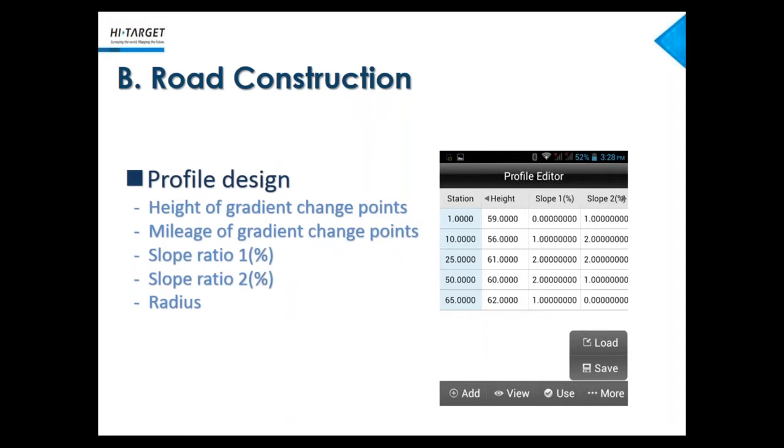And also we need the slope ratio 1 and 2. 1 is for the slope ratio backwards, and the slope ratio 2 is for the slope ratio ahead of this gradient point. And fourth and fifth is the radius.